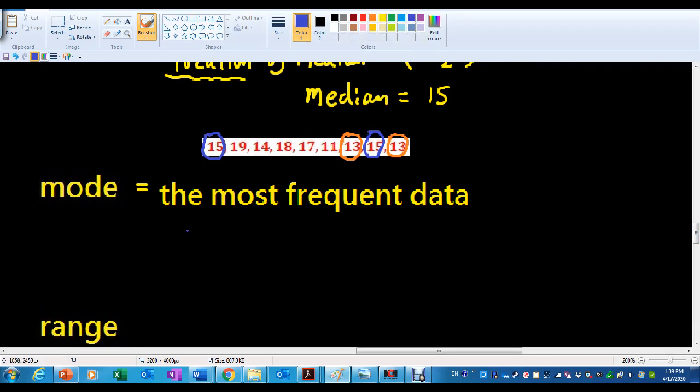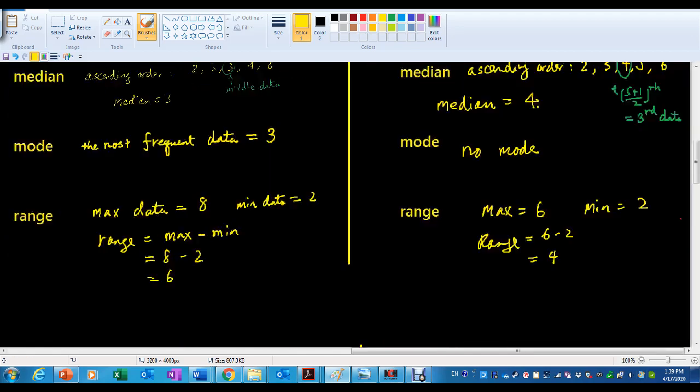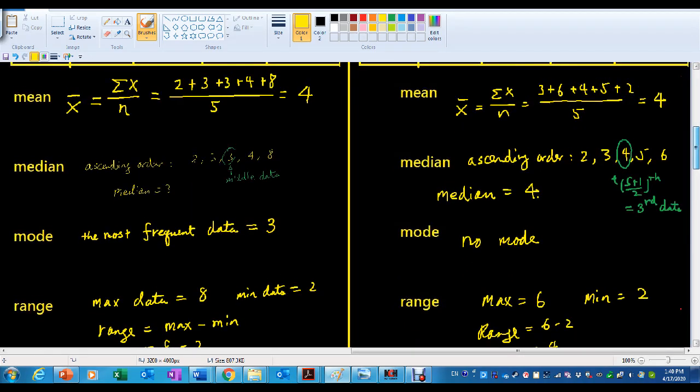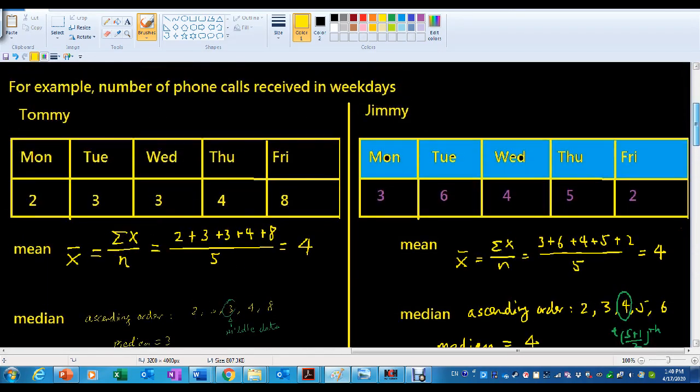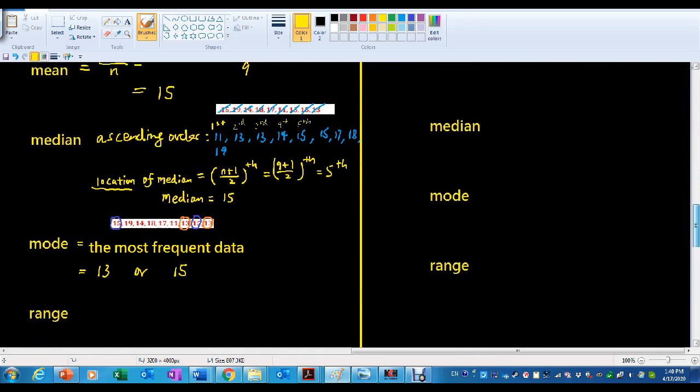So the most frequent data, two of them, are 13 and 15. So there are 2 modes. You could have 2 modes, or just 1 mode, or you could have no mode. Remember? Tommy's data had 1 mode, that's 3, and Jimmy's data had no mode. For this question, you got 2 modes.